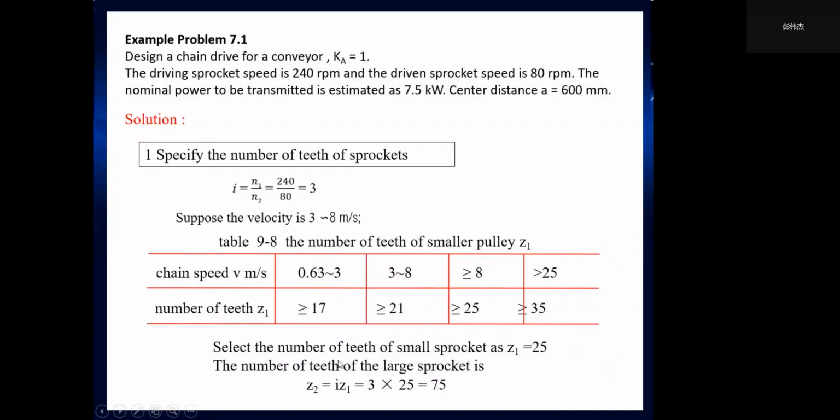Then we calculate the number of teeth of the driven sprocket. We use Z1 times the average speed ratio, and then we select Z2 as 75.